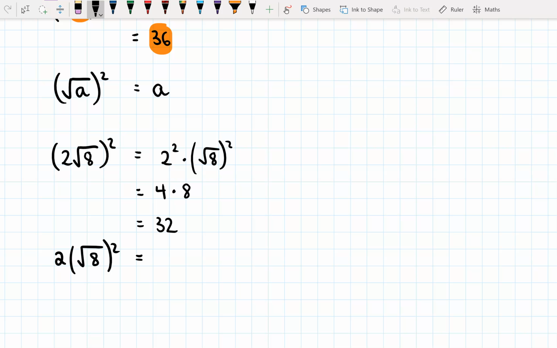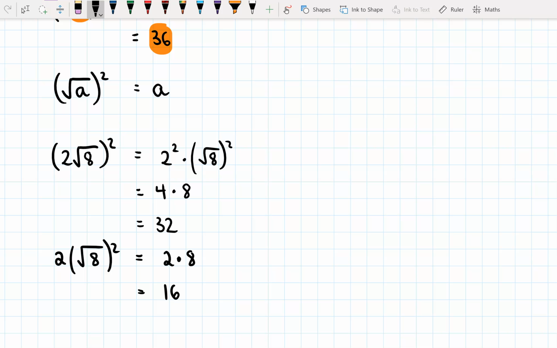So if we square that square root of 8, we end up with 8. So in this case, we have 2 times 8, which is 16. So you can see there's a very important difference as to whether the coefficient is outside or inside the brackets. In the second case, it's not actually a coefficient of the square root. This is really the main thing.